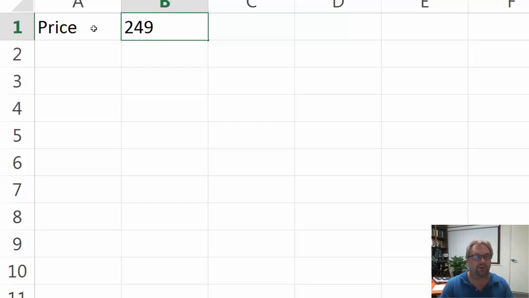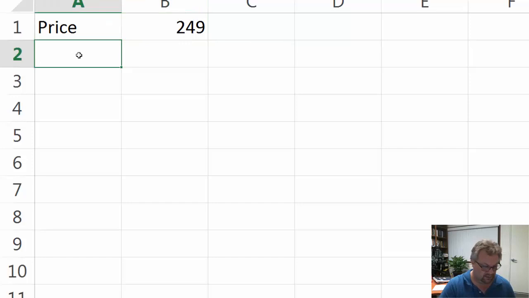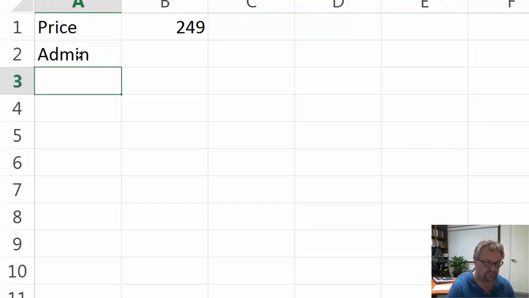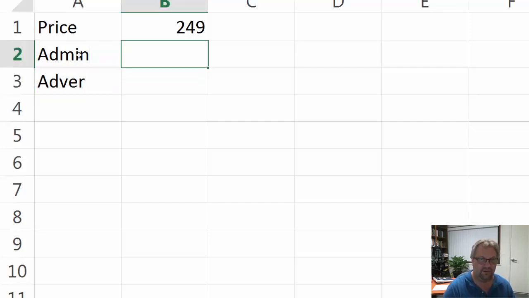When I calculate my profit, I'm going to reference this cell instead of putting 249 in my profit function. That way, if price ever changes, I just change it here, and then it changes throughout all of my trials. And then same thing here for my admin costs and advertising.